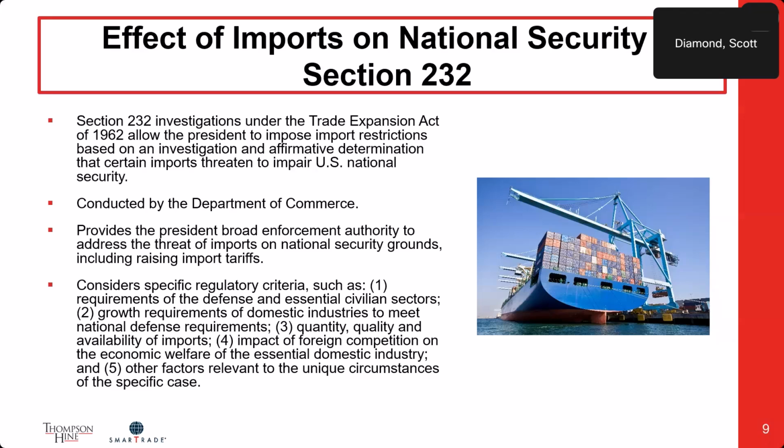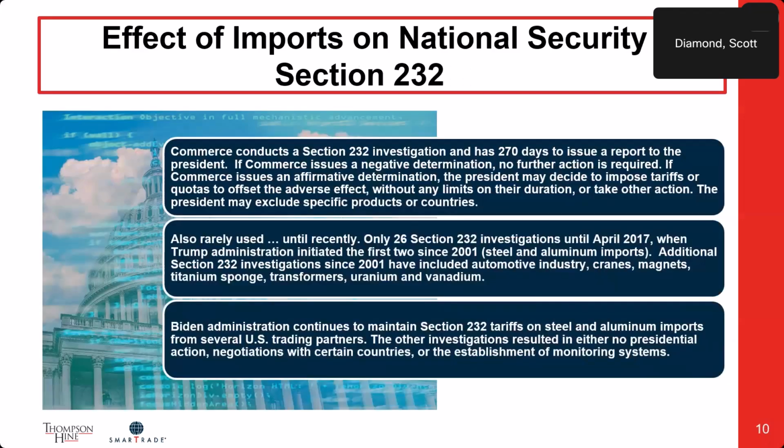Now, moving on to investigations under Section 232 of the Trade Expansion Act of 1962. Section 232 allows the president to impose import restrictions based on an investigation and determination that certain imports threaten U.S. national security. The law allows any department or agency head, or any interested party, to request that Commerce investigate this.